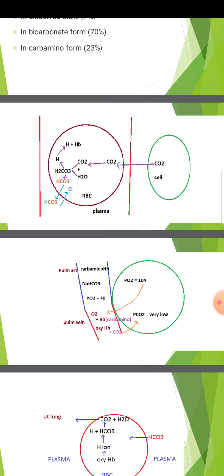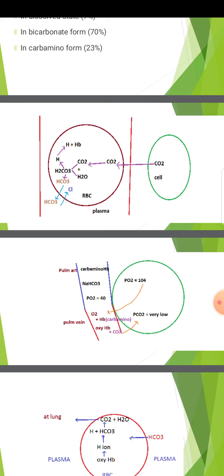And you know that the carbonic anhydrase enzyme is present, which takes care of this reaction. This carbonic acid dissociates into hydrogen ion and bicarbonate ion. The bicarbonate ion immediately diffuses out of the RBC into the plasma and reacts with sodium in the plasma to form sodium bicarbonate.